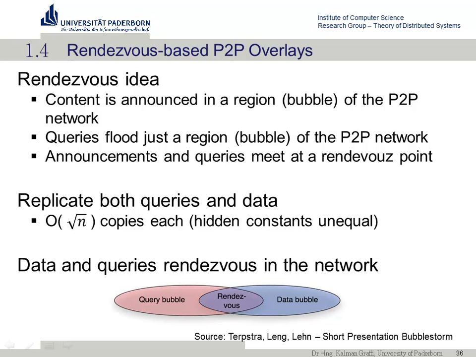Now we increase the data bubble cost, so the announcement cost, to O(√n), with n being the number of nodes, and the query bubble is also this time reduced from O(n) to O(√n). And if both of them are O(√n), then you can prove that with high probability they are matching.